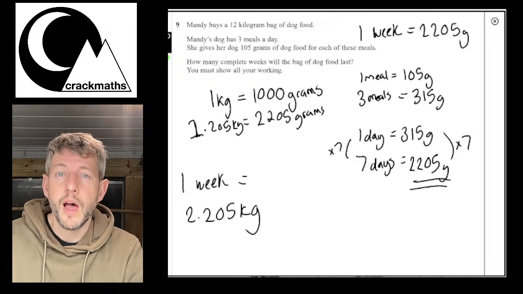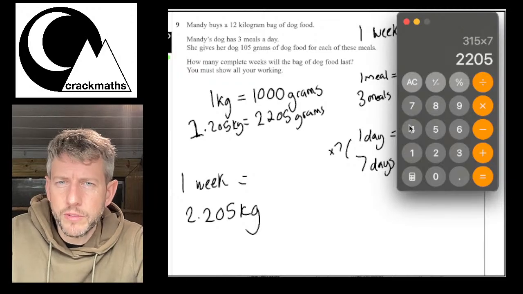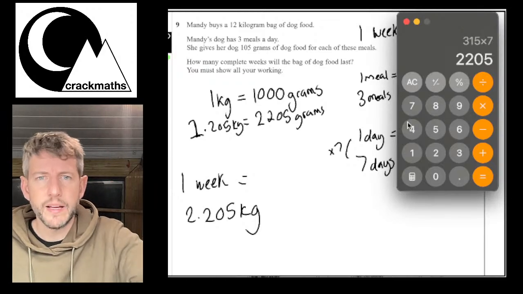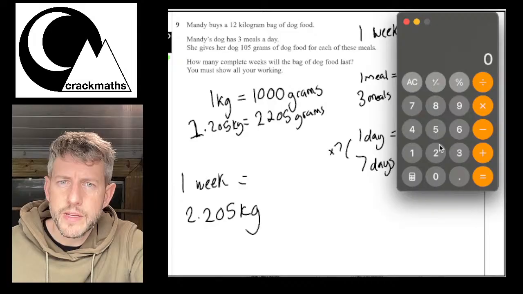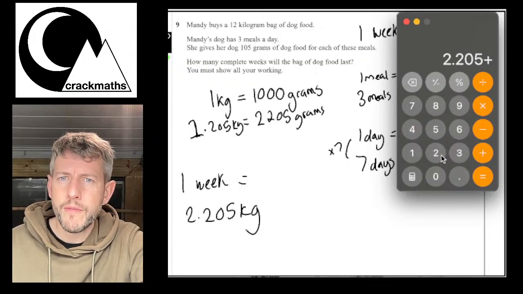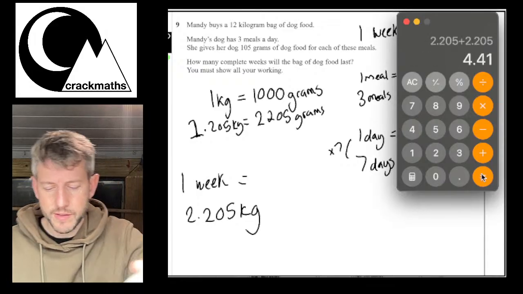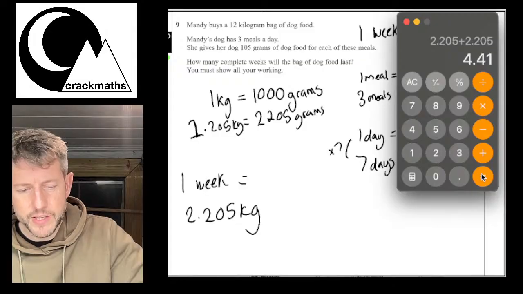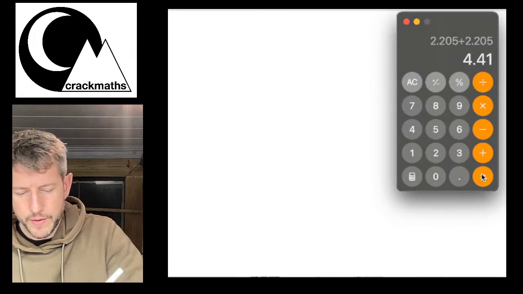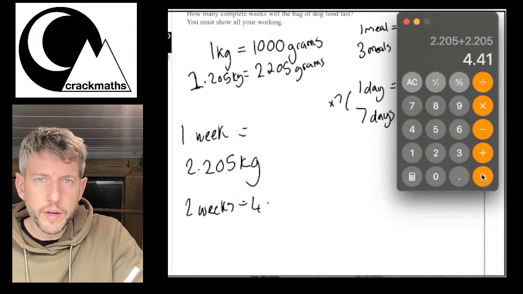So now what we can do is we can just count up in 2.205 kg until we get to 12 kg. So let's actually just bring my calculator on. So 1 week equals that. So let's do this. 2.205. So this is 1 week. So if I add another 2.205, that's 2 weeks. Okay, so I could write these down. I should do actually. So 2 weeks equals 4.41.